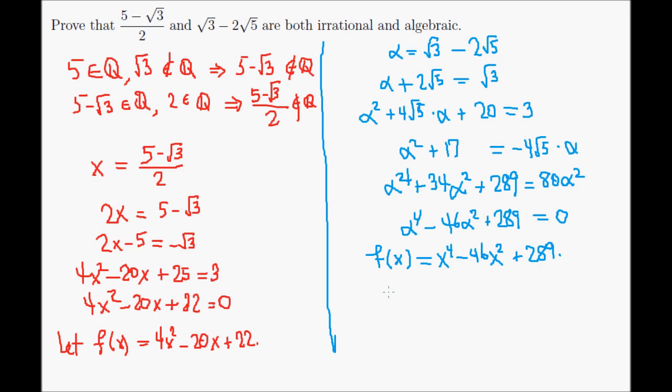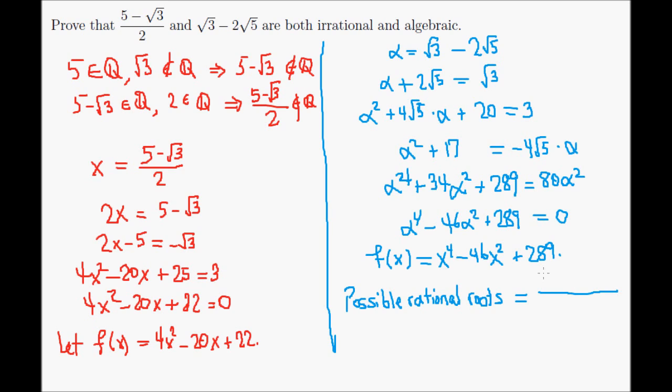So the way that I will prove that this number is irrational, let me take a look at the possible rational roots. And the possible rational roots will be things in the numerator that go into 289.